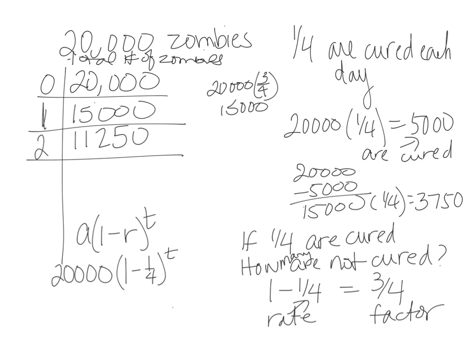So my equation is 20,000 times 3/4 to the t. And now you can use that equation to estimate how long it's going to take to get everybody cured. And as long as you get a number less than 1, that's the point where we are cured. But you have to make sure you are using your order of operations in your calculator correctly. Okay, so I think that's it for the zombie problem. I hope this helps.